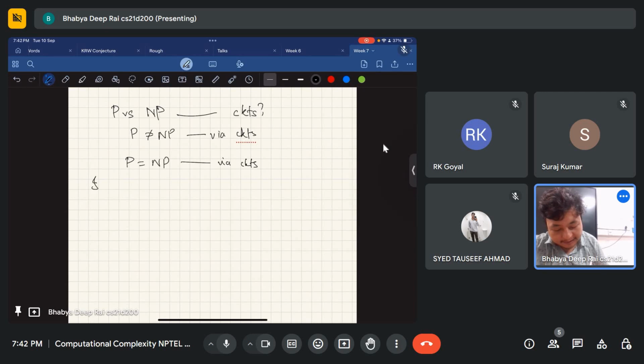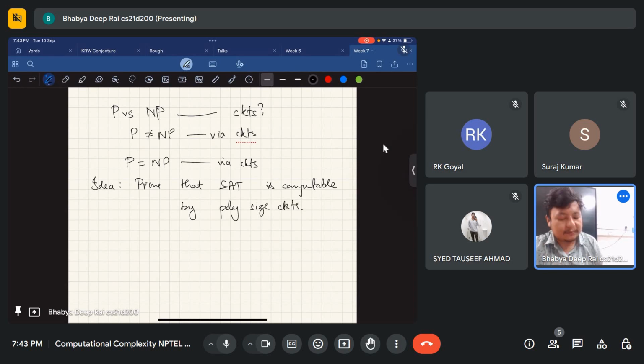Here is a way. Prove that SAT is computable by polynomial size circuits.